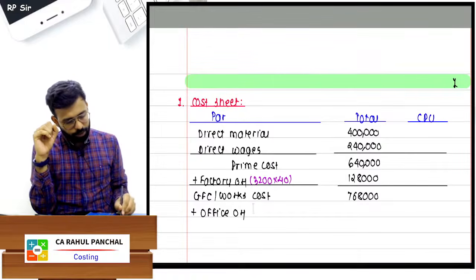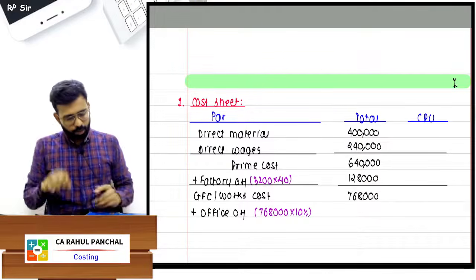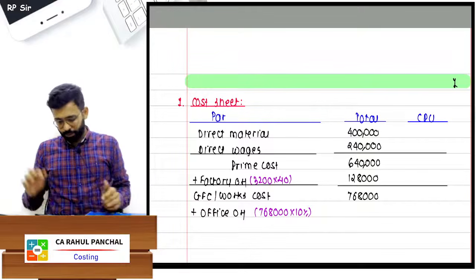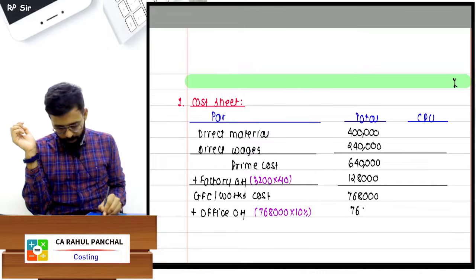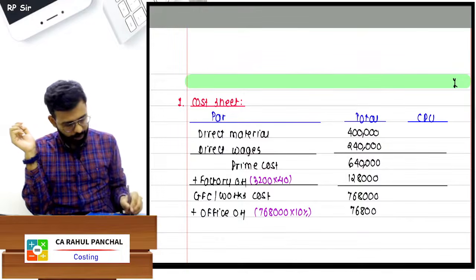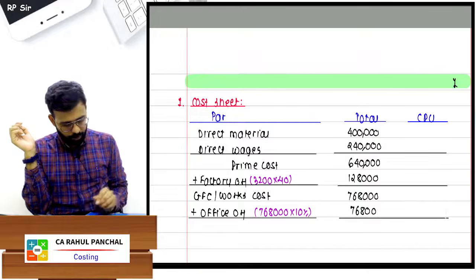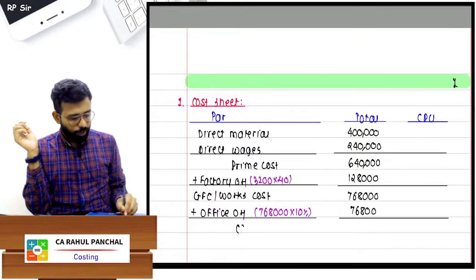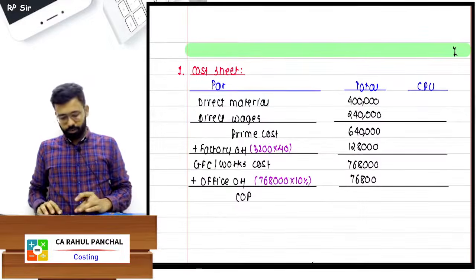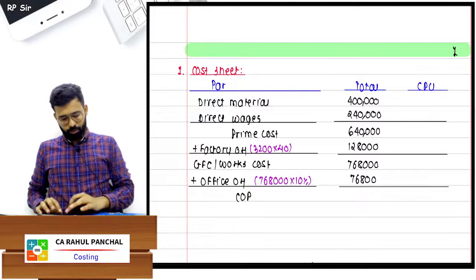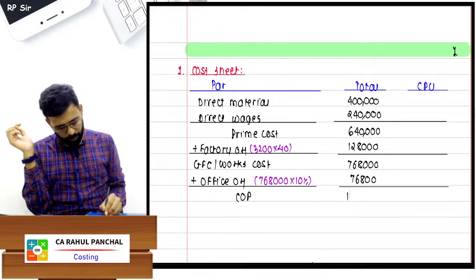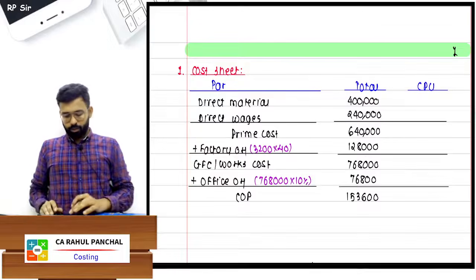So when you say 10% of work cost, that is 7,68,000 into 10%, that becomes 76,800. Once you add that, you will get cost of production, which is this.